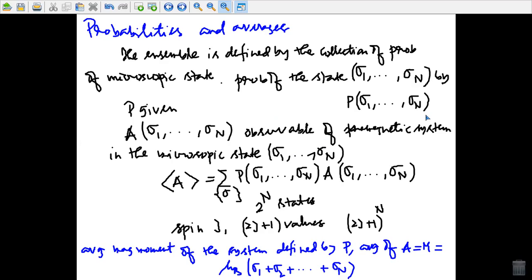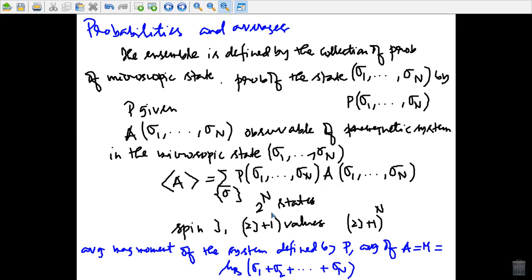Since if A is an observable, a function of sigma 1 to sigma n of a paramagnetic system in the microscopic state sigma 1 to sigma n, then the required average of A is the summation over sigma of p of sigma 1 to sigma n times A of sigma 1 to sigma n, where p is the probability, right? Where the summation over sigma denotes the summation over all microscopic states.